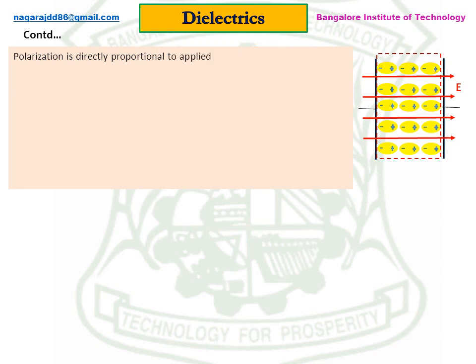The polarization is directly proportional to applied field. If E is the applied field, N is the number of molecules per unit volume, then P is proportional to E. As E increases, polarization also increases, means dipoles rotate more and more and they align in the direction of the applied field.